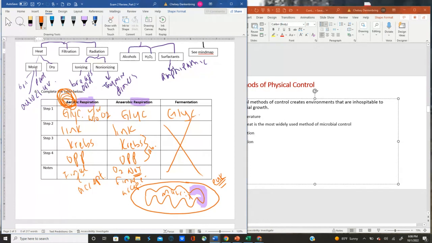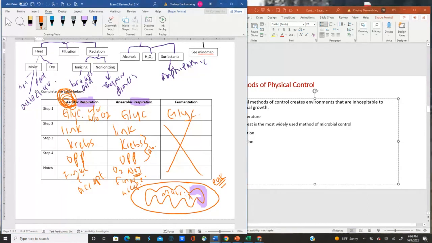So fermentation produces the least amount of ATP because it only has glycolysis, which only makes 2 ATP, okay? You don't need to memorize these numbers, but just to put it in perspective, from 1 molecule of glucose, aerobic respiration makes upwards of 32 ATPs. Anaerobic respiration is about half, it's about 15. Fermentation is 2. Okay, so fermentation is not very energy efficient, but it's all some organisms can do.